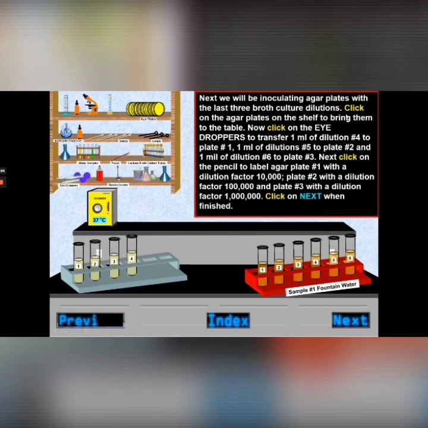Next we will be inoculating the agar plates with the last 3 broth culture dilutions. Let's click on the agar plate.